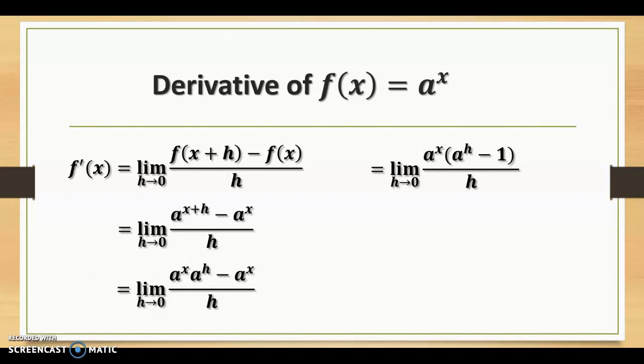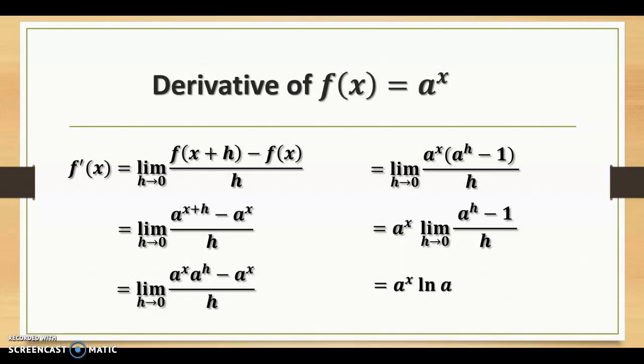A to the x plays the role of a constant then, and can be withdrawn from the limit. And you will notice that the remaining limit is a special form. It's a 0 over 0 form, but of a special type that we know equals ln of a. So we found a general rule for differentiating exponential functions. The derivative of a to the x is a to the x times ln of a.